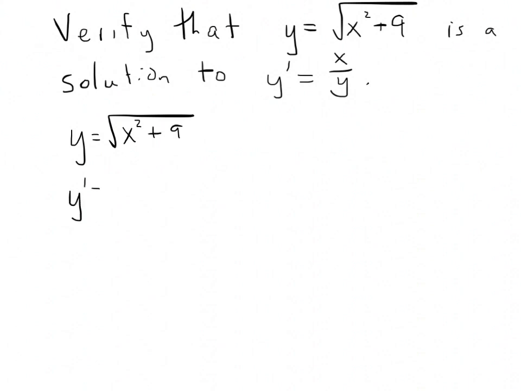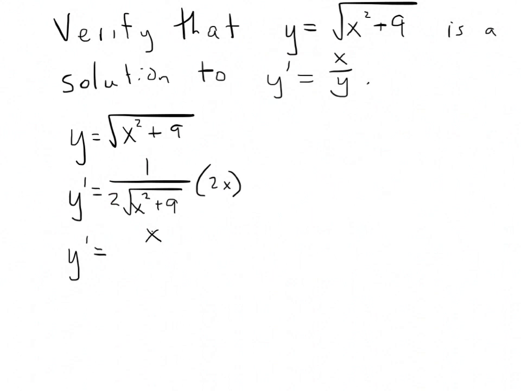And you said the derivative of that, and we know the derivative of the square root of something is always 1 over 2 times the square root of that something. That's something I recommended that you guys memorize. But then the chain rule times 2x. In other words, y prime is, these 2's are going to cancel out, x over the square root of x squared plus 9.